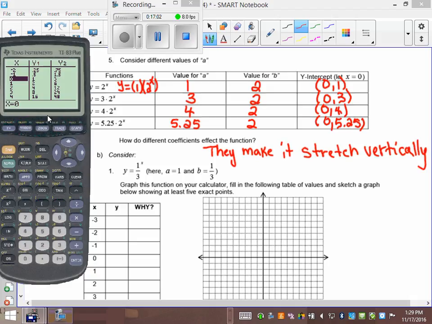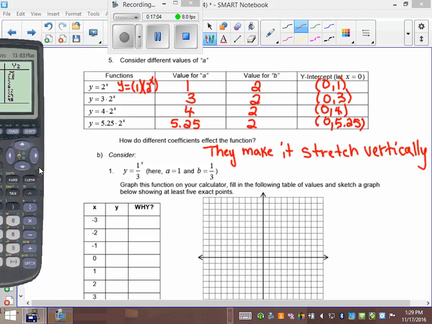My only biggest catch on this is that people will always say that this a value is the y-intercept always. That's not the case. If I put like a vertical translation at the back, like a +1, it's going to change your y-intercept, right? Like if I had y equals 3 times 2 to the x, everyone will say, oh, my a value is my y-intercept.